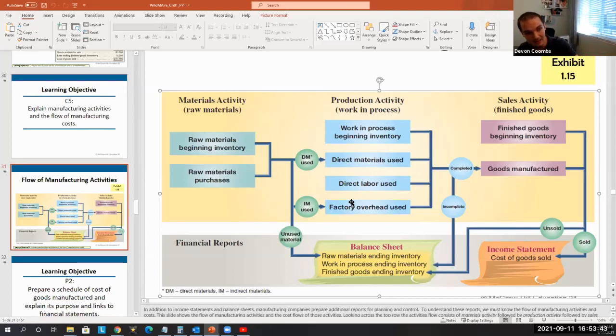And then you expense that when we sell the product, right? So it's a timing difference. That salary is not a salaries expense on the books. It's an inventory cost. That's very different, right? So we can track the cost of the product.